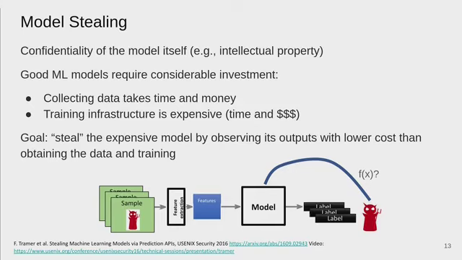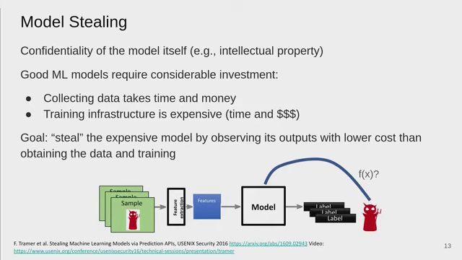And the goal of the attacker would be to steal the expensive model by simply observing its outputs, right? So for example, just issuing a finite number of queries would allow the attacker to recover information that is equivalent in precision to the underlying model without requiring all the data or the training efforts that have been done before.